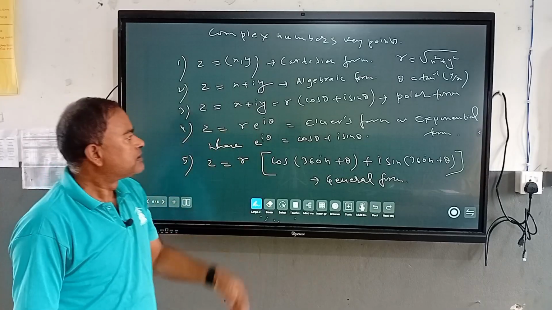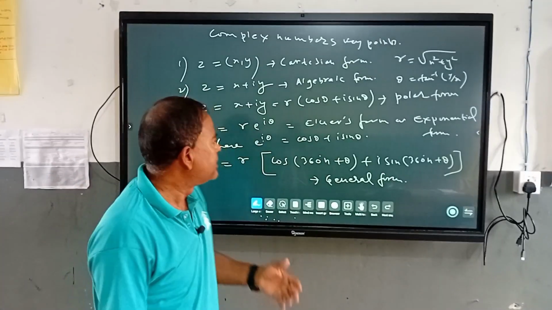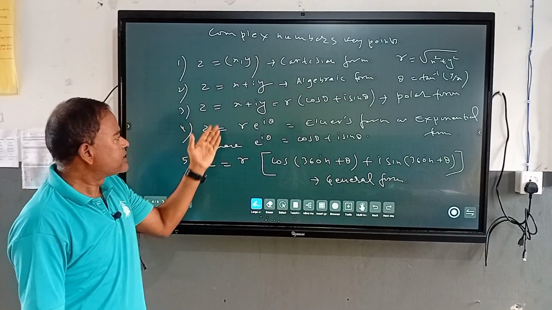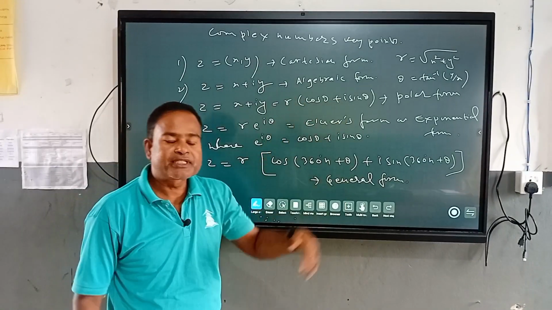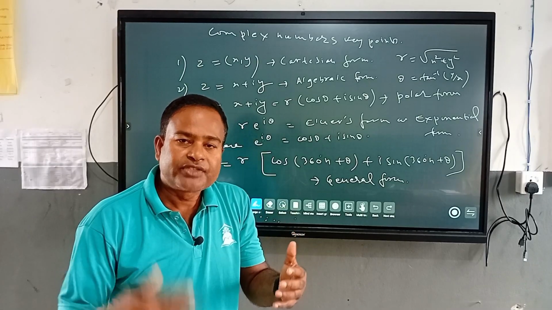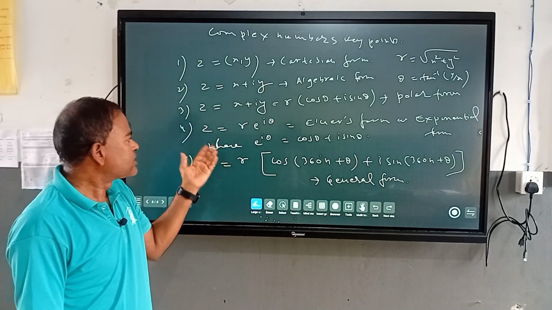Now the fourth form, which is known as Euler's form or exponential form, this means z equals r e^(i theta). The trigonometric form r cos theta plus I sin theta can be written in the exponential form, which is also known as Euler's form.